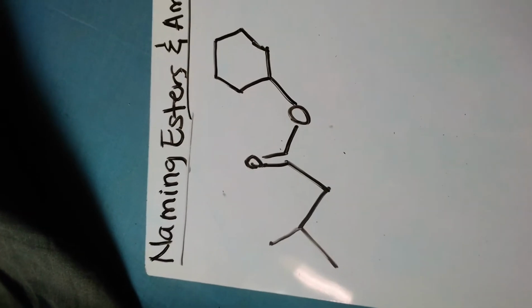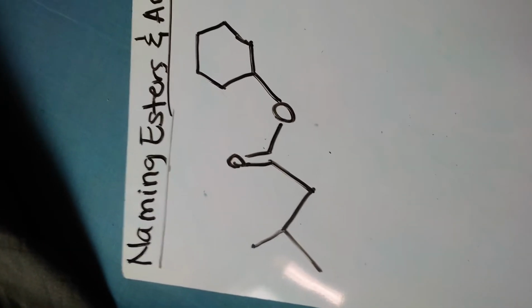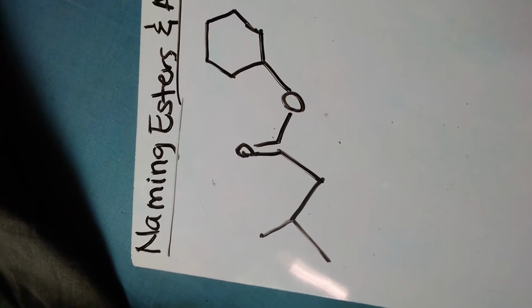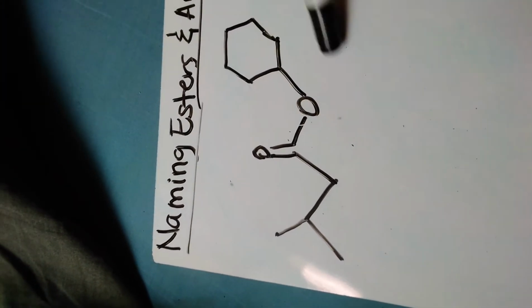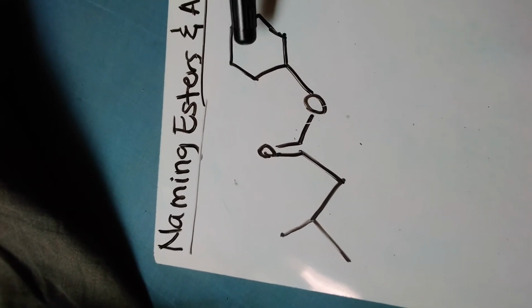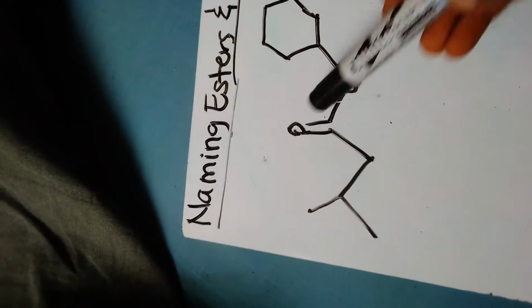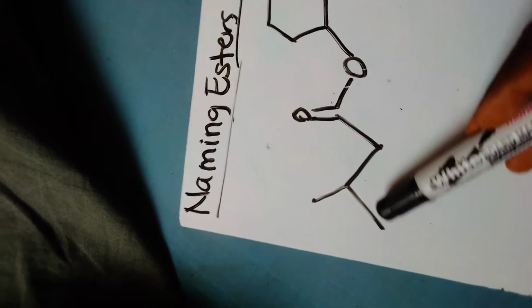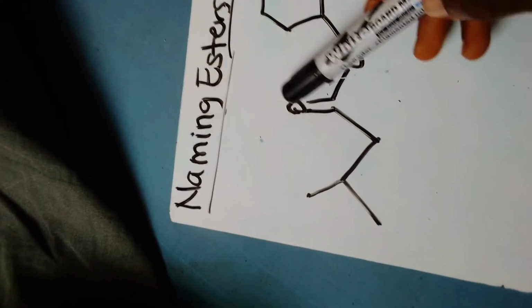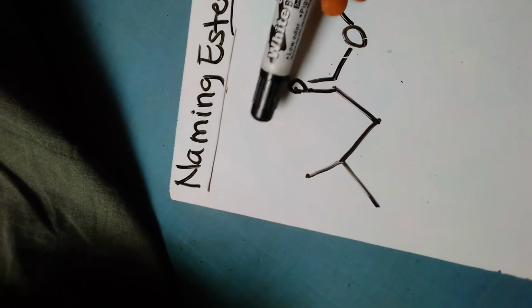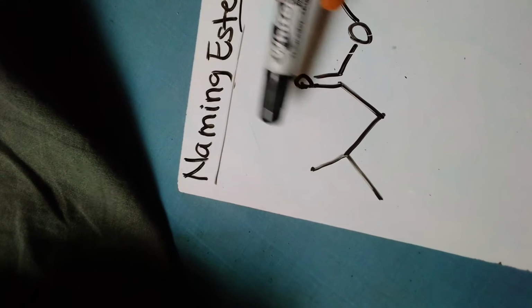Now try your hands on and name this ester. This side, the alcohol, is cyclohexanol. And this side is a methyl butanoic acid, specifically 3-methyl butanoic acid.